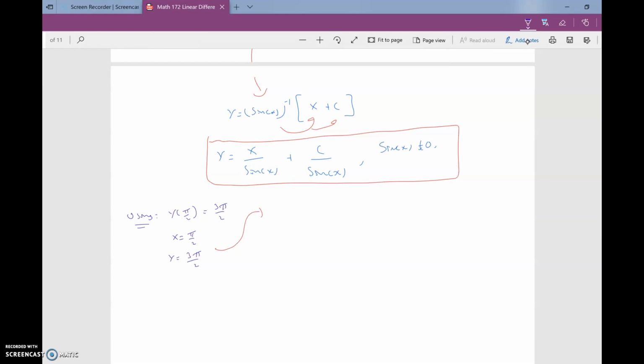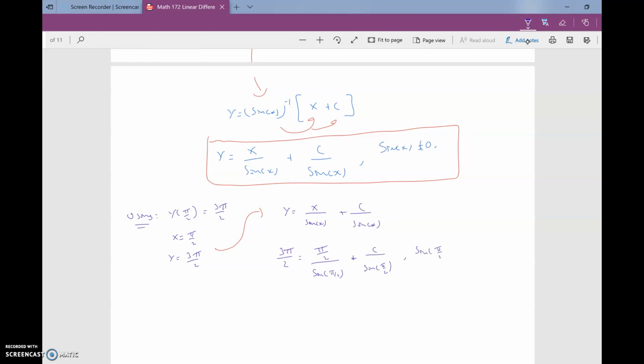And let me rewrite it. So this is y is equal to x over sine of x plus c over sine of x. Your y value is 3 pi over 2, which is equal to pi over 2 over the sine of pi over 2 plus c over the sine of pi over 2.